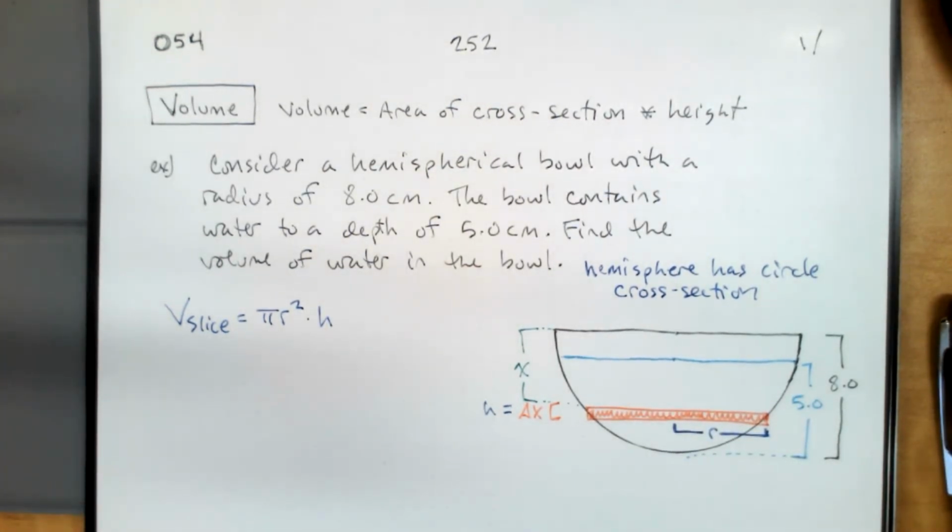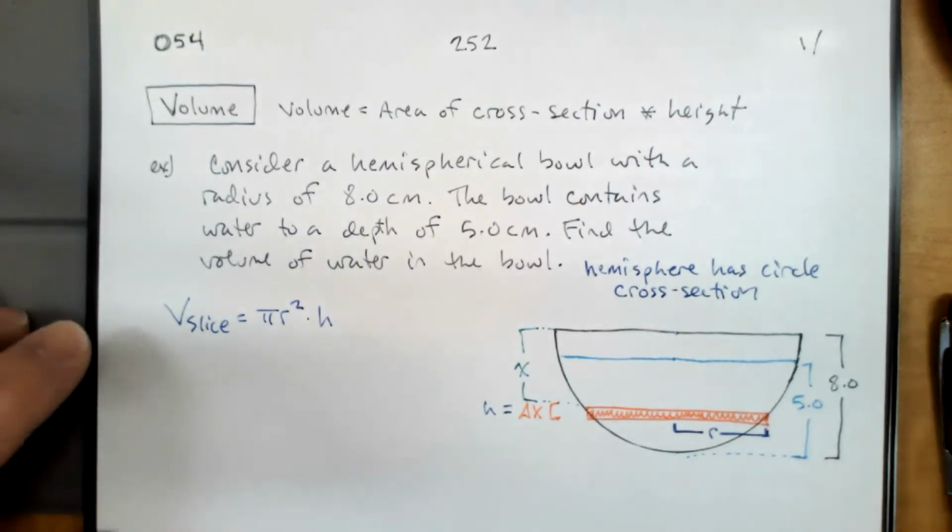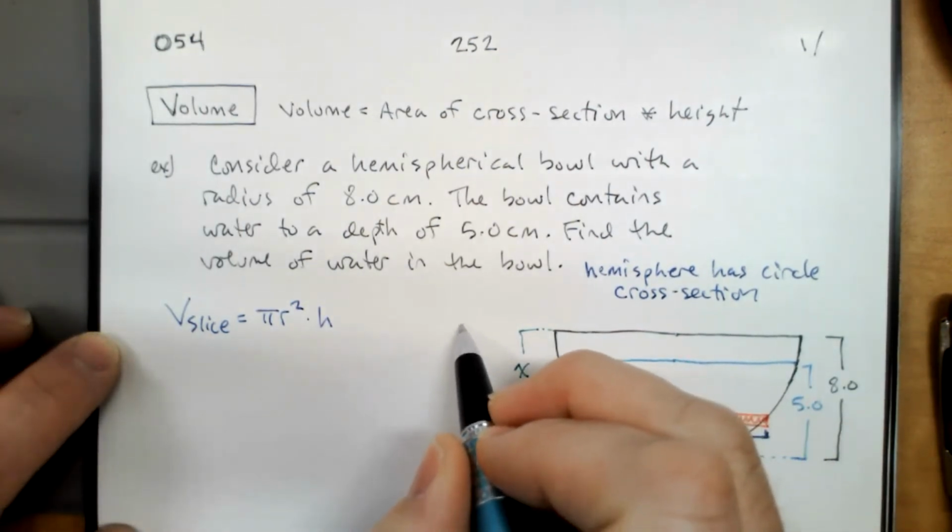This is not the only place we should put it. We have 3 reasonable choices of where we could put the x for this problem. Once I decide where x is going to go, we have decided where x is equal to 0. One end is the slice, the other end is 0. So that means 0 is at the top of the bowl.